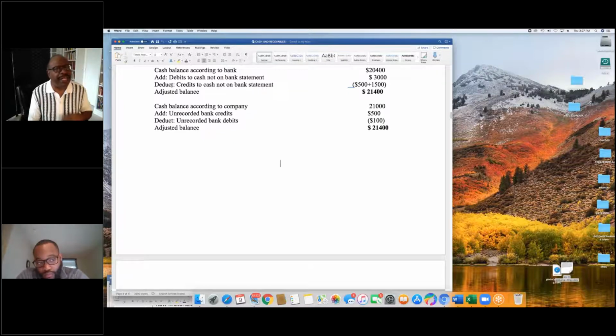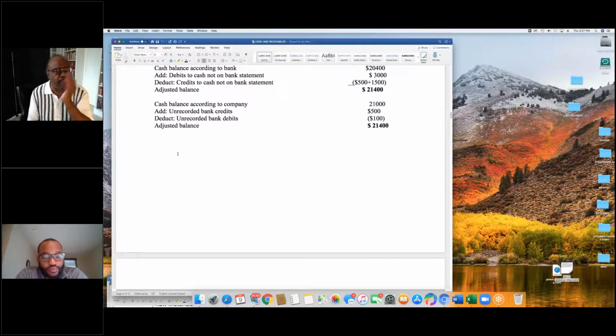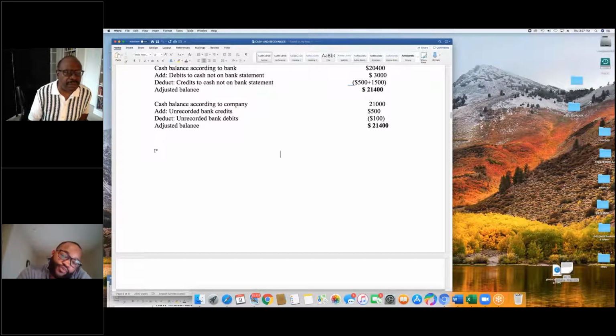Okay, so let's assume that we get the bank statement. We look at our accounts, and so this is what you will actually have.